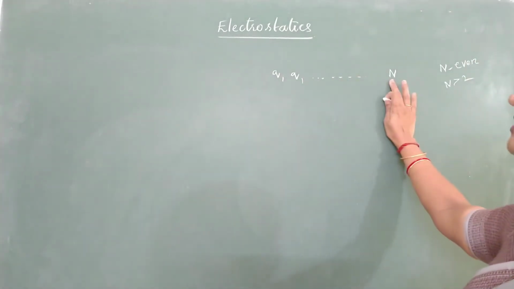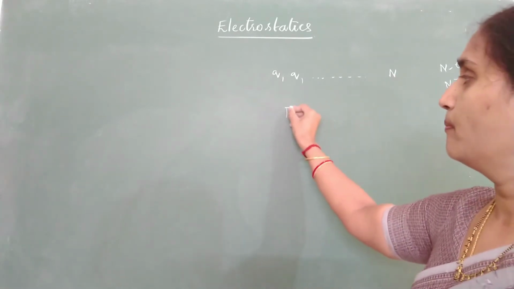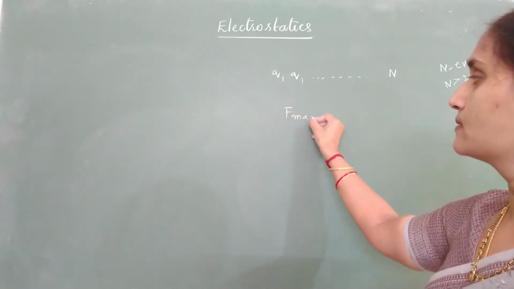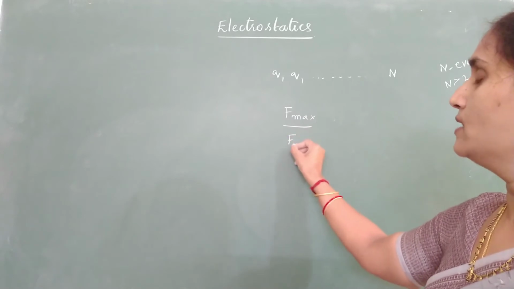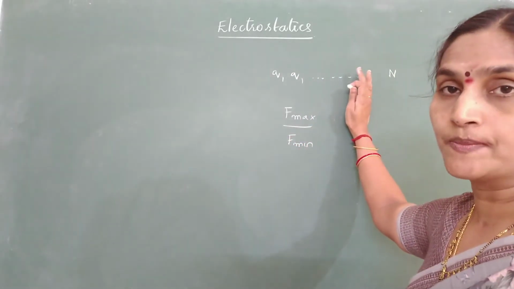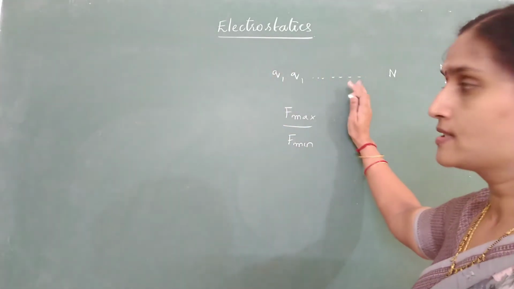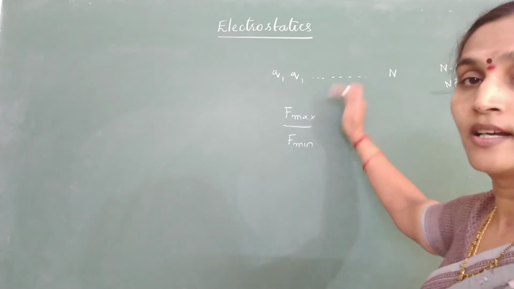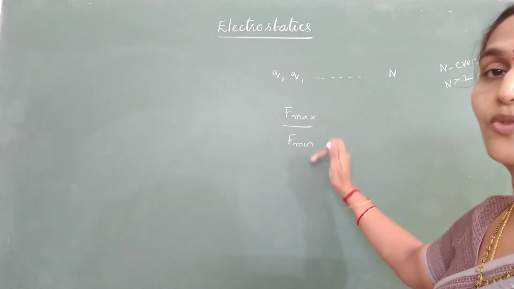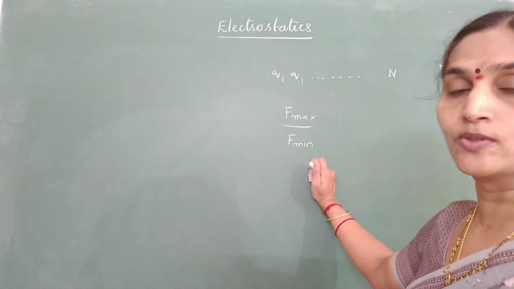How many such charges are given? Capital N. Then what is the ratio of maximum to minimum force between them after dividing them into 2 groups? Or the question can be, divide these charges into 2 groups such that force is maximum. Divide them into 2 groups such that force is minimum.